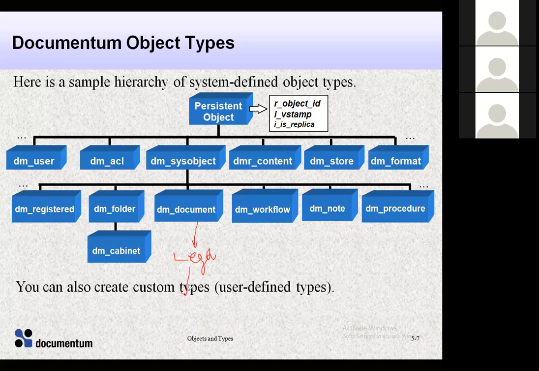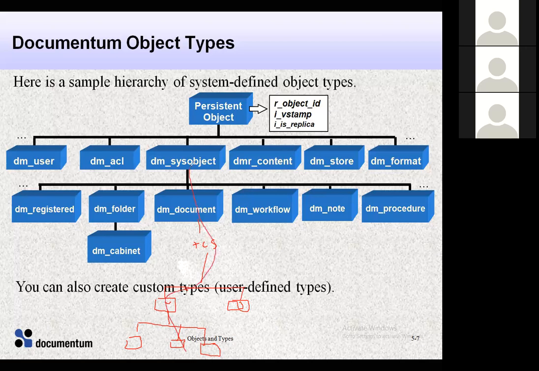Further, let's say you have to create TCS like this: TCS India, TCS Hyderabad. Further, let's say TCS India and TCS USA. Further TCS Hyderabad, Bangalore, and Chennai.